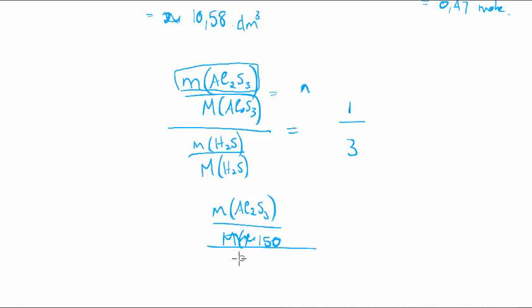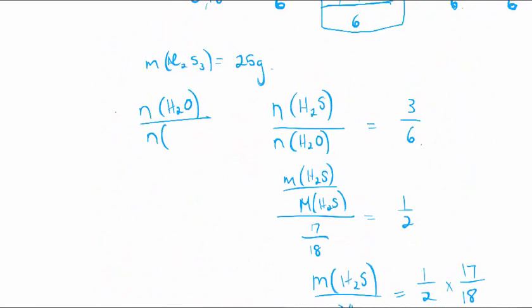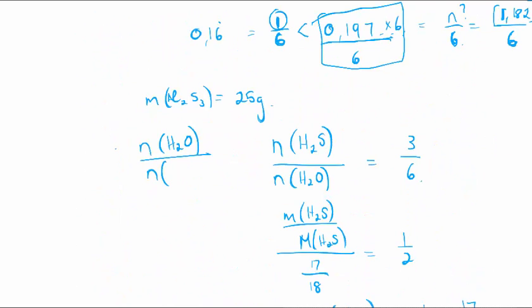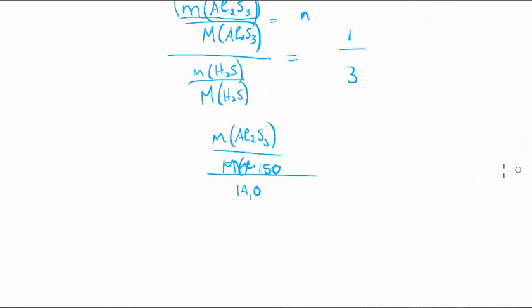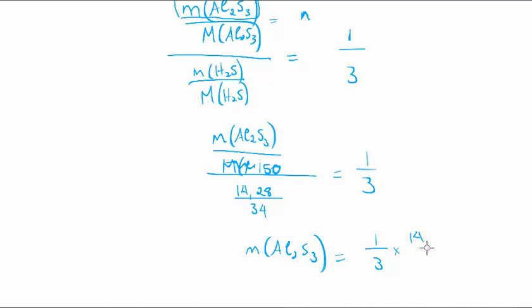Okay. Make sense? So mass of aluminium sulfide divided by the mass of, I have this one 150, divided by 14.28, sorry, 28, divided by 34, must be equal to 1 over 3. So I just multiply that on both sides and I get the mass of aluminium sulfide is equal to 1/3 times 14.28 divided by 34 times the 150 as well.